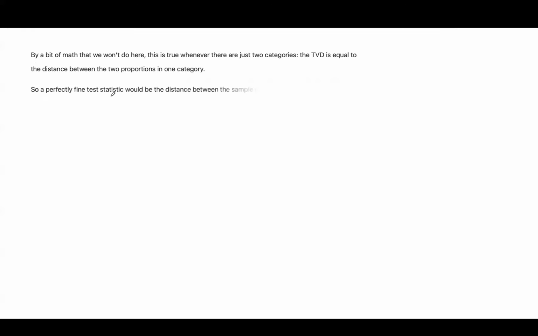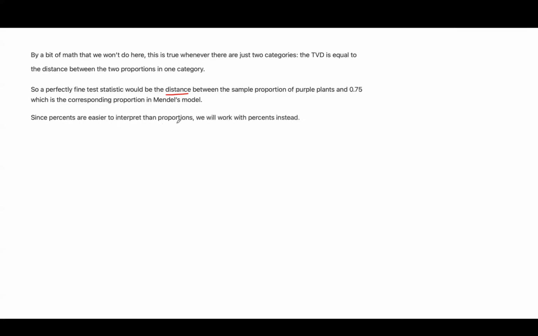So a perfectly fine test statistic would be the distance between the sample proportion of purple plants and 75%, which is the corresponding proportion in Mendel's model. Since percents are easier to interpret than proportions, we'll work with percents instead.